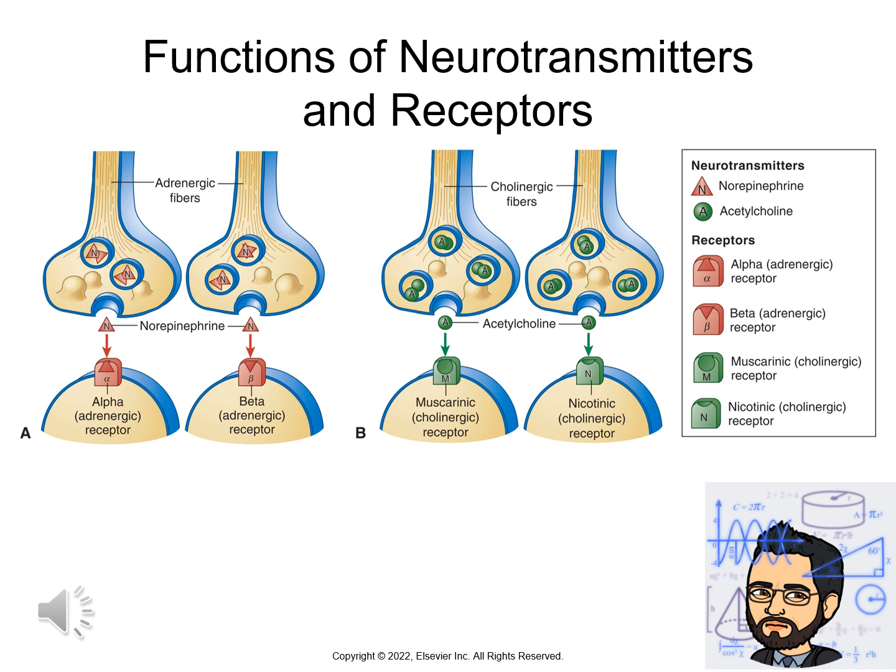And then figure B, to its right, acetylcholine released from cholinergic fibers similarly binds to muscarinic or nicotinic cholinergic receptors to produce postsynaptic regulatory effects. No extra information. Hopefully this summarizes the last couple of slides that we discussed.